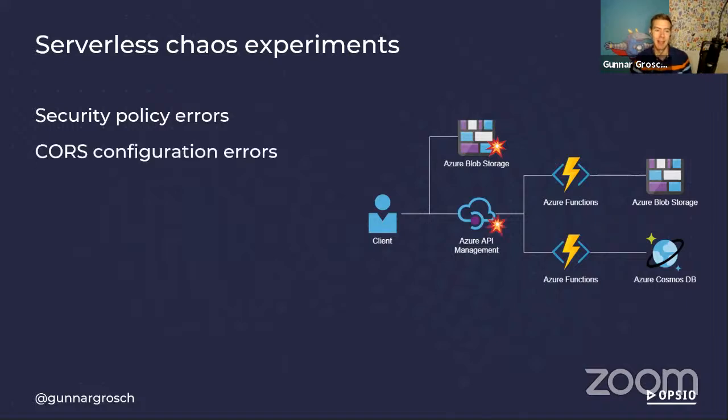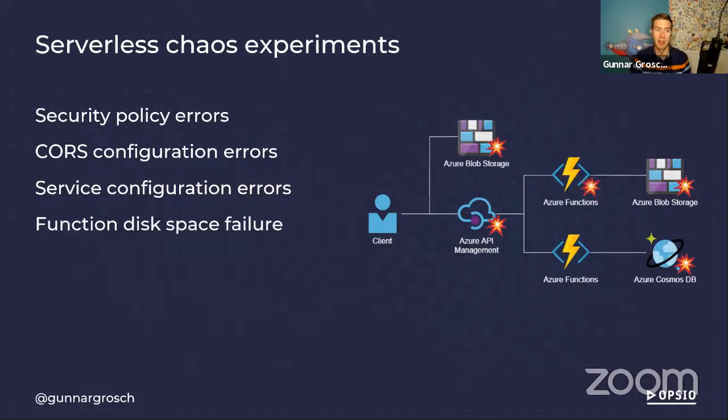We can create coarse configuration errors in our APIs. We can add different sorts of service configuration errors to see how our application behaves then. And by using the disk space in our function, we can do things there. For instance, fill the disk space or remove the disk so that we don't have access to that as well.